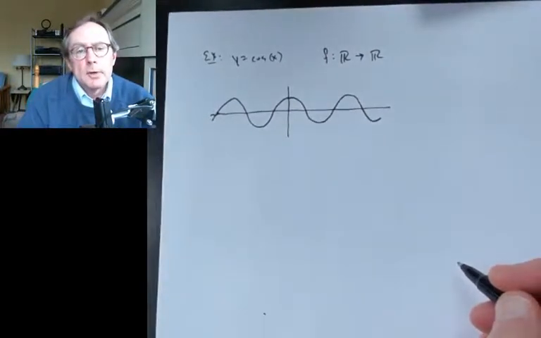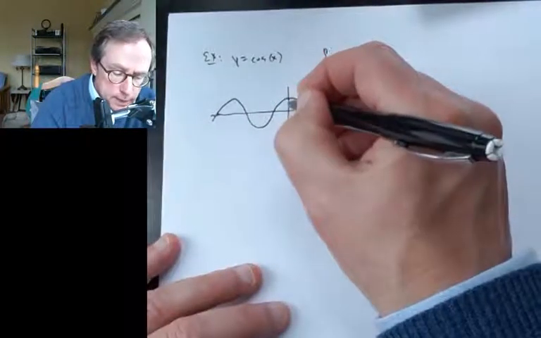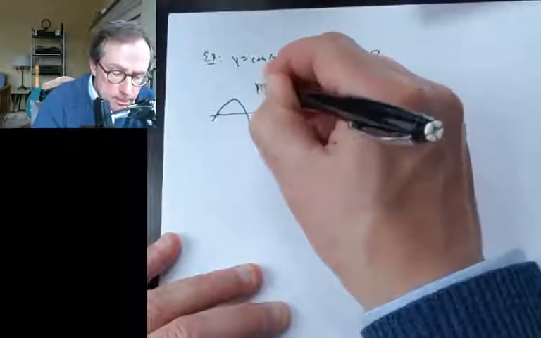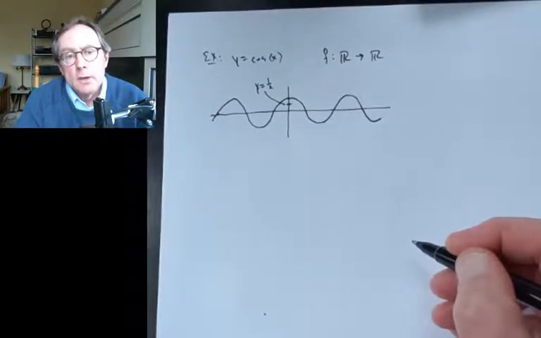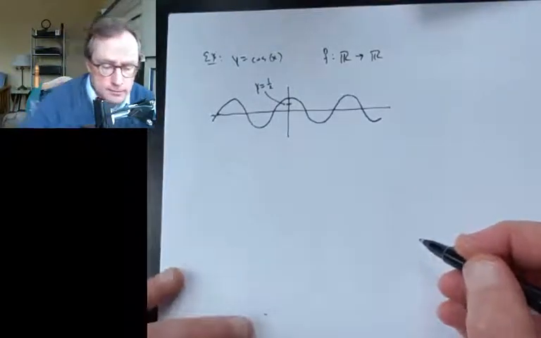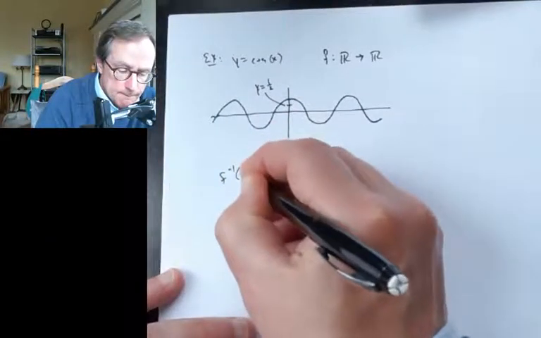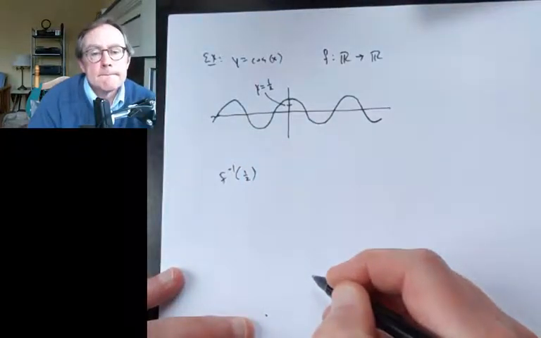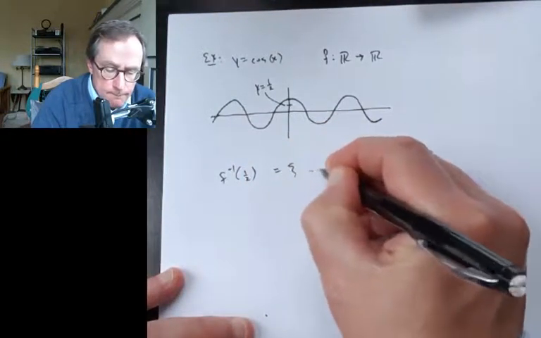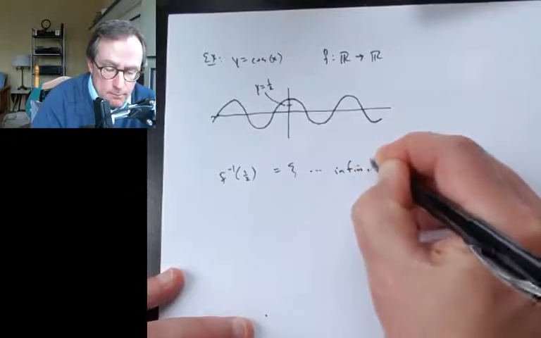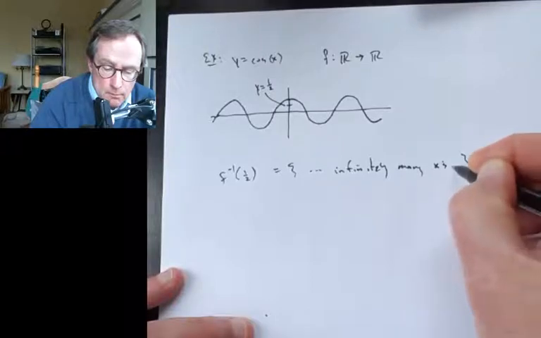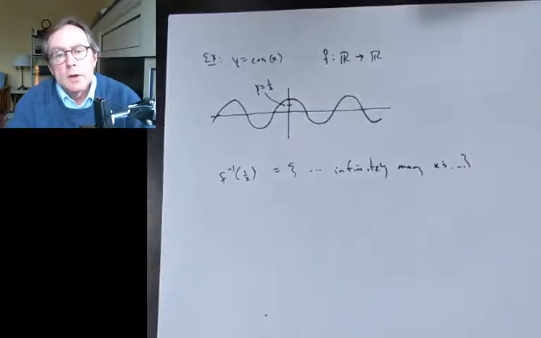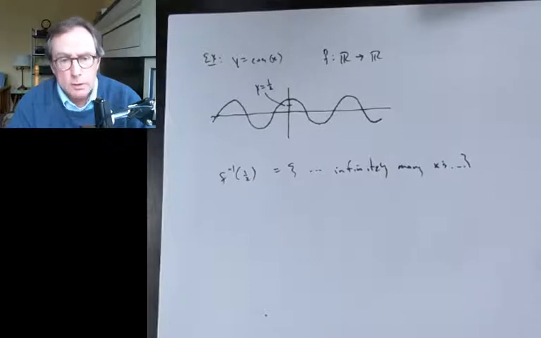Okay, if you pick a particular y, say y equals 1/2, then f inverse of 1/2 is a set of infinite size. So what is it? All the 60 degrees.